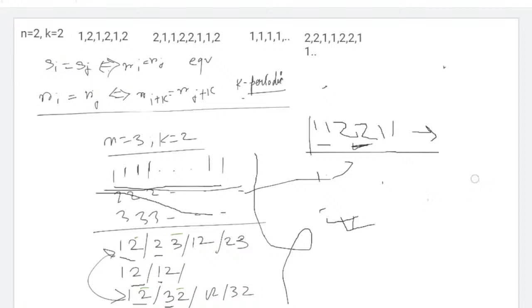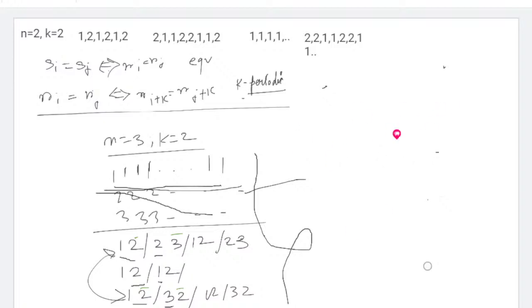I think we should first, like, one second. I'll just find everything here. Okay, give me a minute. If you have something like one, two, two, one, this works. One, three, three, one, that works too.